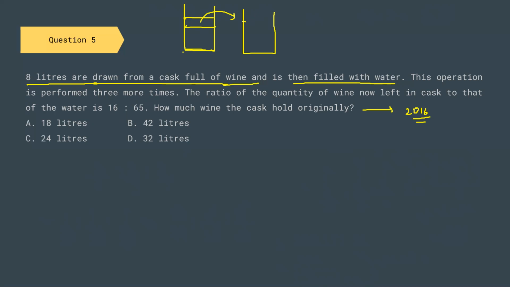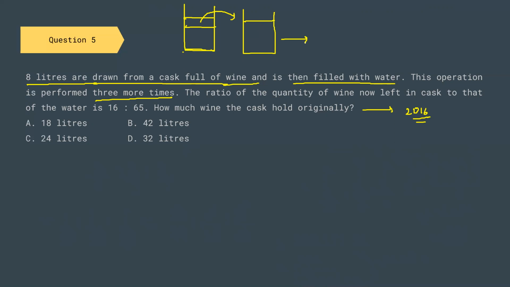So what happens is that this wine is diluted. The proportion of water has increased and the proportion of wine has decreased. This operation is performed 3 more times. Every time we are taking 8 liters out and then filling with water. So as many times as we perform this operation, the ratio of wine and water is going to change.